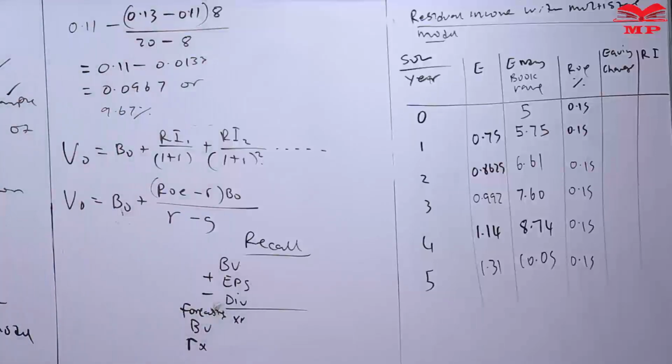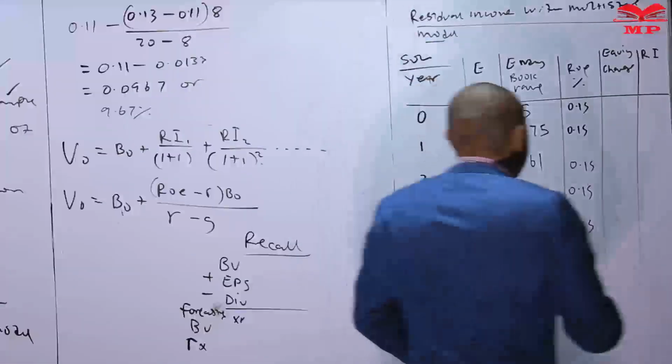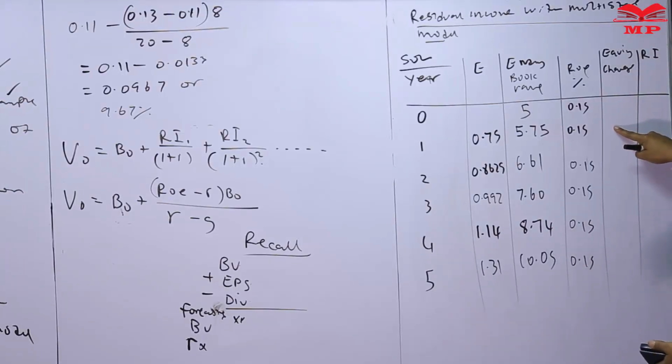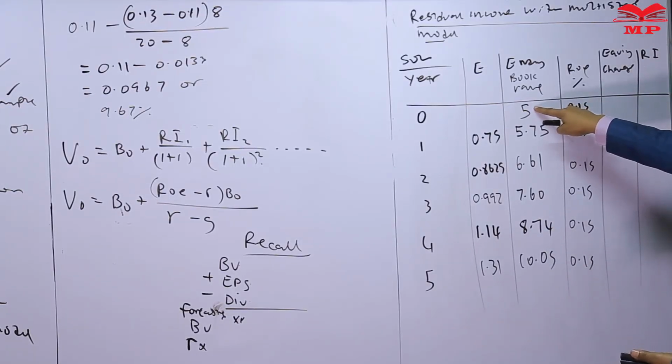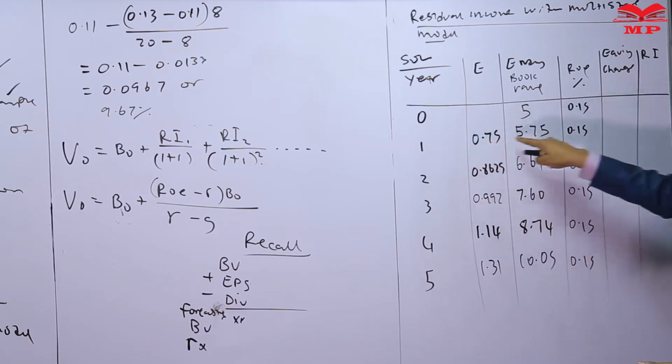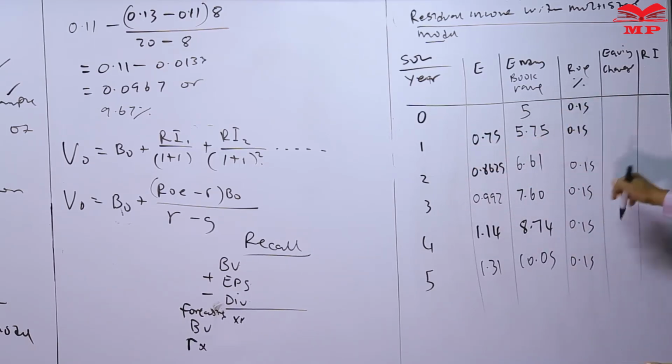From the question, the required return is 10%. So 10% times the beginning book value. To focus on this one, it's just 10% of the beginning book value, not of the corresponding value here.